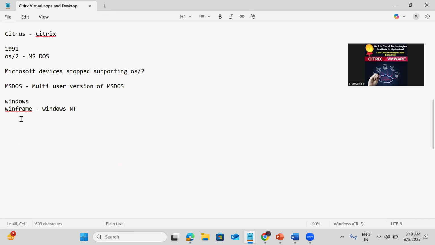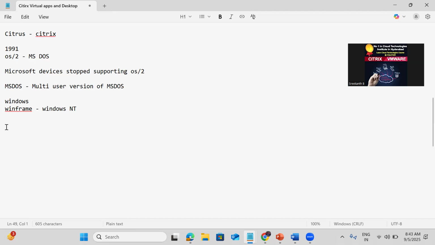With the release of Windows, Microsoft had become an IT giant, and Microsoft didn't want to release WinFrame as a collaboration with Citrix. Initially they started it as a collaboration project, but they wanted the complete project.